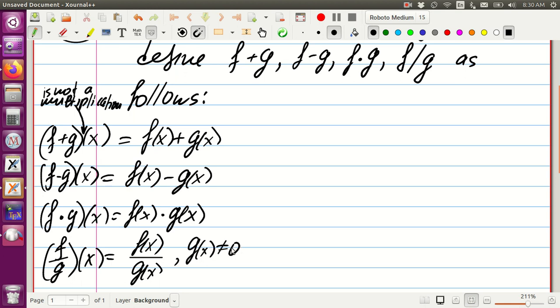Before we finish this definition, it would be good to say what would be the domain of this function. So let's try to write it out.